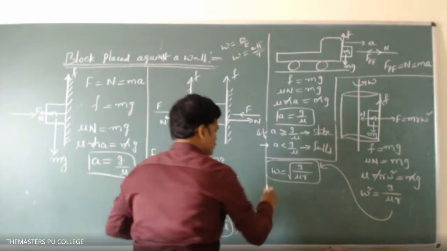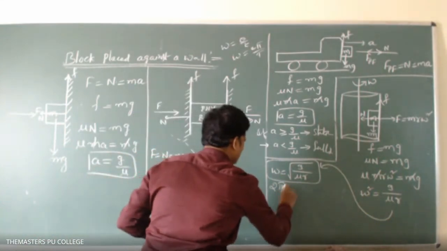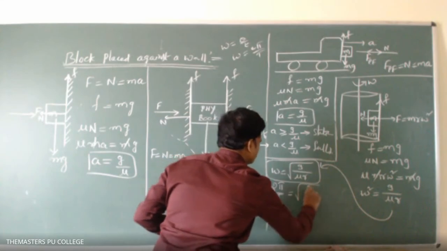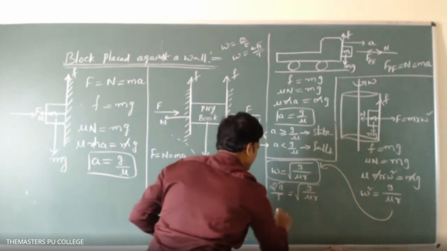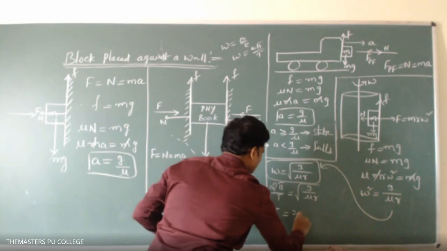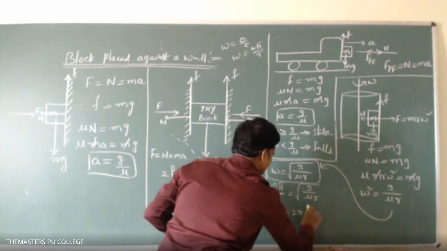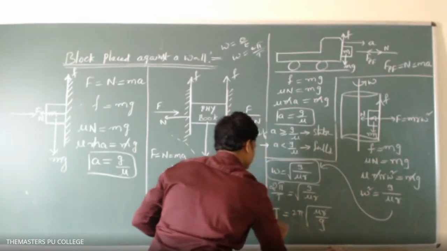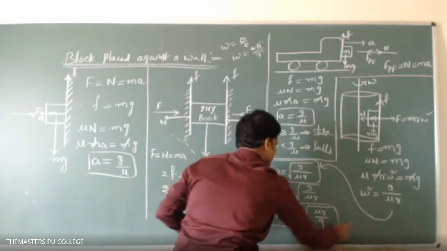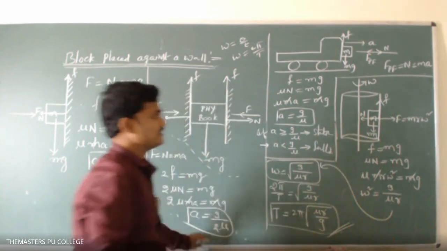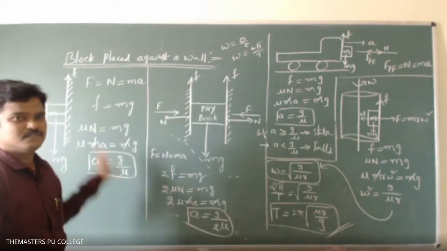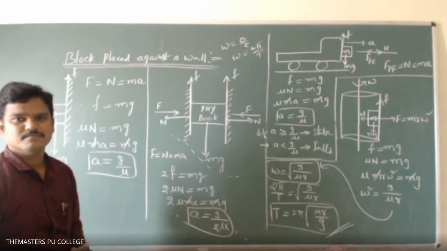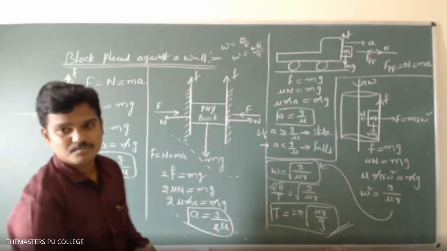Let us see what it is. 2 pi by T is equal to root of g by mu r. What is the time period? T is 2 pi root of mu r by g. Time period of the cylinder. See, four different concepts are covered here. Use this knowledge and try to solve the problems.